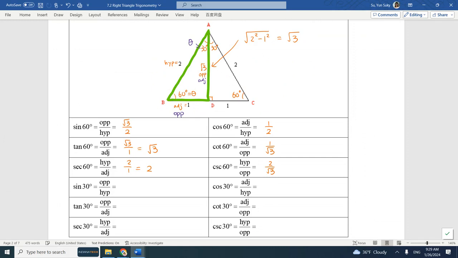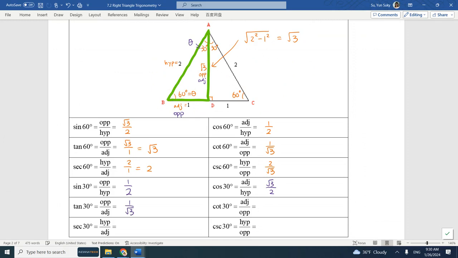Next student, what is sine 30 degree? 1 over 2. Right, everybody? Next, cosine 30 degree? Square root of 3 over 2. Good. And tangent 30 degree? 1 over root 3. Yes. Everybody okay with that?